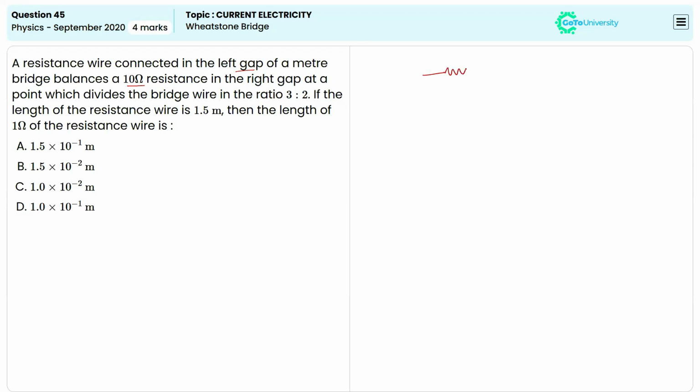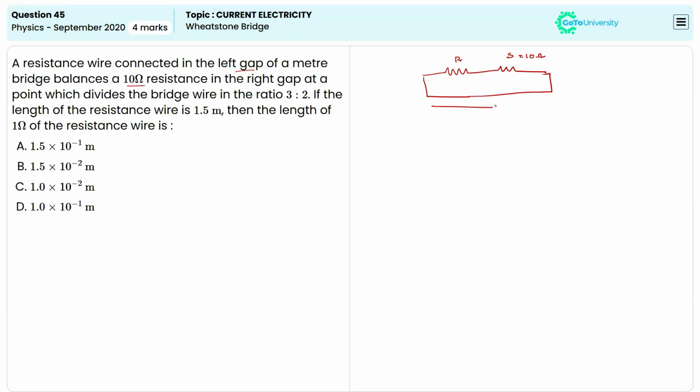Okay, so there will be two resistances, right? I'm just going to represent the resistances as R and S. It's given that the 10 ohm resistance is connected in the right gap. So this is a 10 ohm resistor. And it's given that the bridge was divided in a ratio of 3 to 2.